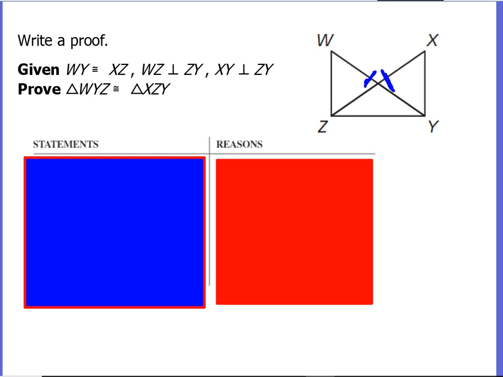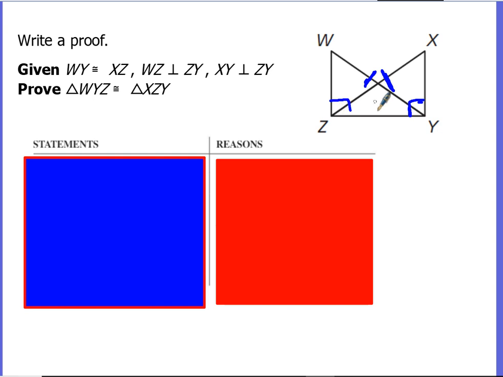It says that WZ is perpendicular to ZY, and likewise XY is perpendicular to ZY. So good. I know the hypotenuses are congruent, and I do know that we have two right angles in there, so it's going to be really simple to prove that it's a right triangle. Now the last goal will be to prove that one corresponding leg is congruent.